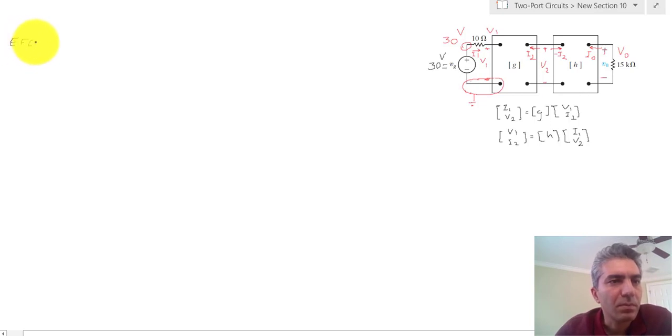Equations for components. Now, for the 10 ohm resistor, we have I1 is equal to 30 volts minus V1 divided by 10.